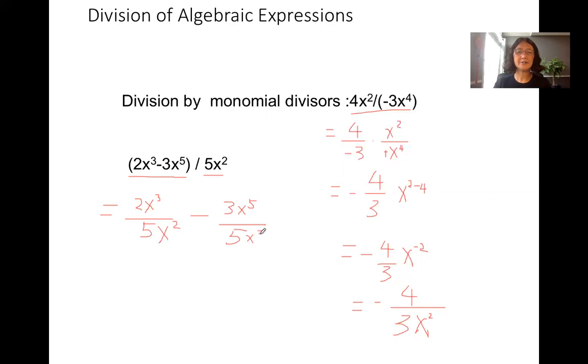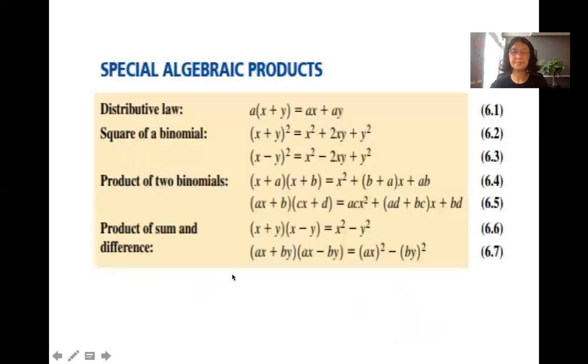And then you simplify each term. Okay, so the first one becomes 2 over 5 multiplied by x. The second is 3 over 5 multiplied by x raised to power 3. Okay.